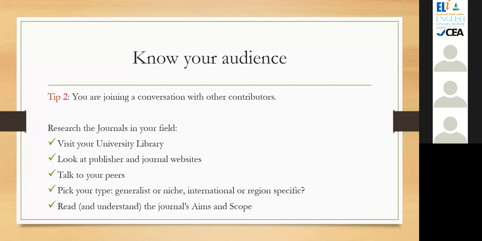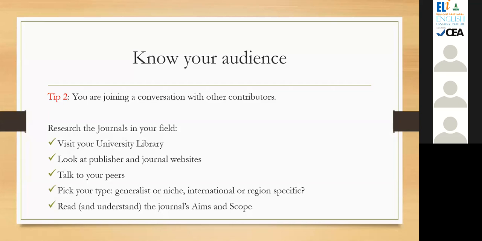Sometimes you have to see with your peers what the common journals in your field are. Pick your type. What do you want? Do you want a generalist or a niche journal? Niche means very specific in the field. Do you want it international or region specific?